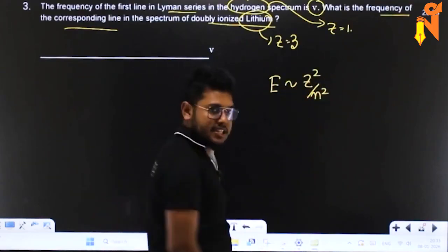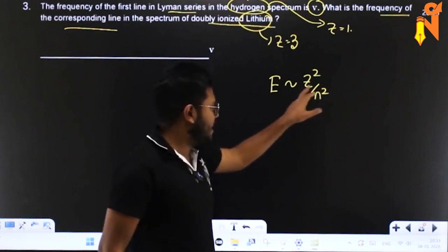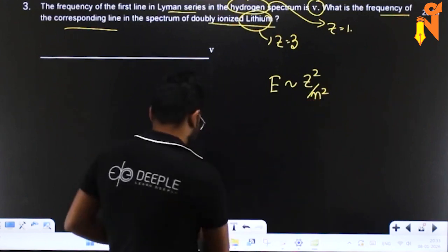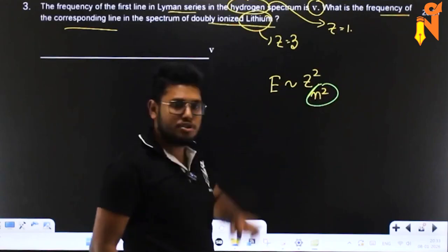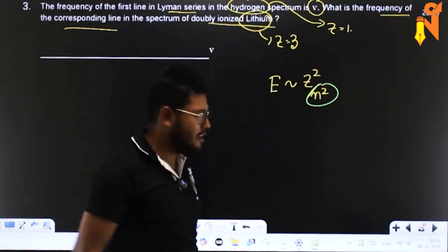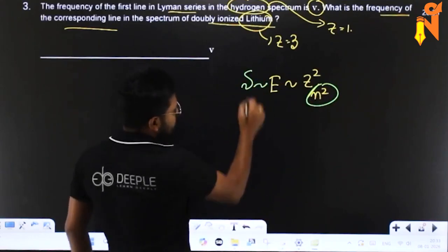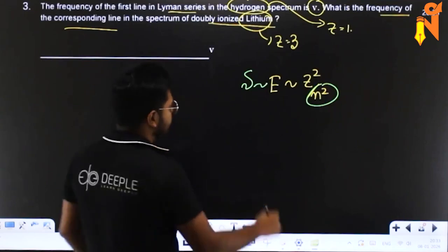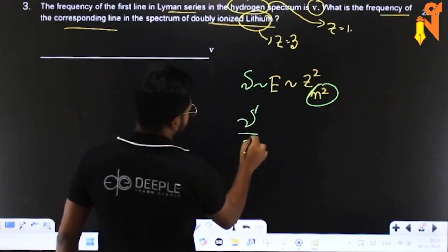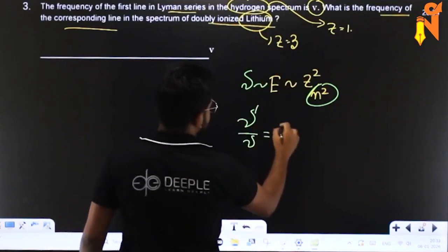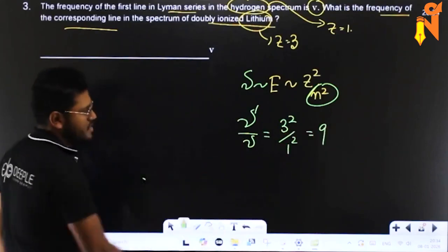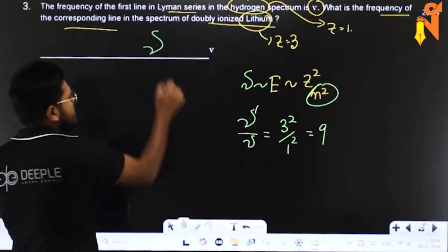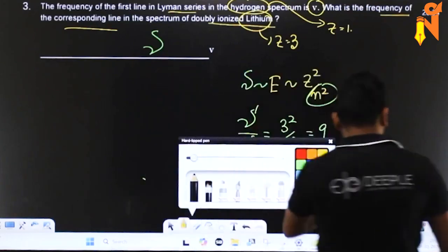Now we are talking about the same n shift, so this thing is not going to change. So E is proportional to Z square, and E is proportional to nu as well, E equal to h nu. So nu dash over nu will be 3 square by 1 square, basically 9. So nu dash equals 9 nu. That is the answer. Simple.